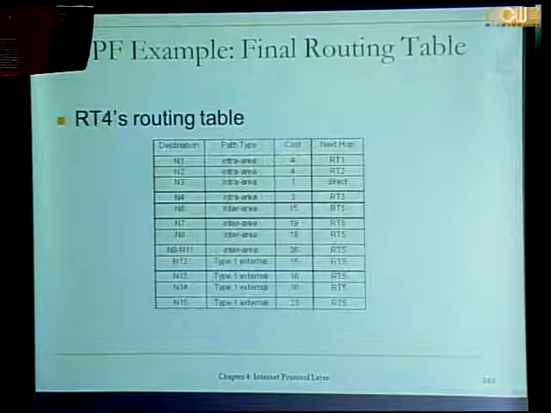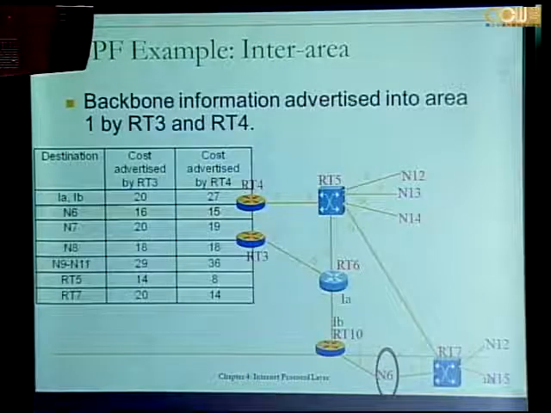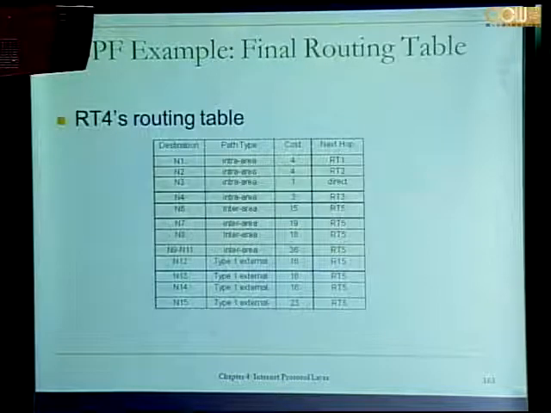And this is a result of an inter-area routing table. RT4 participates in both intra-area routing and inter-area routing, so within its routing table, it would have both kinds of entries.